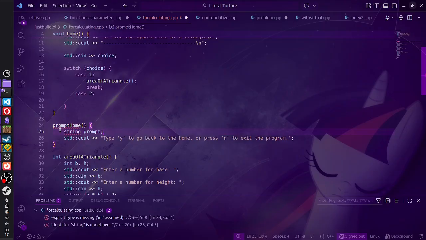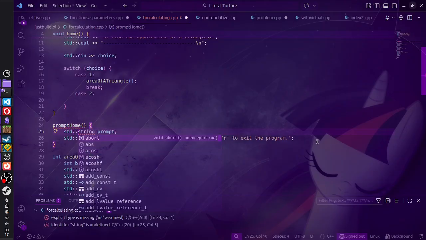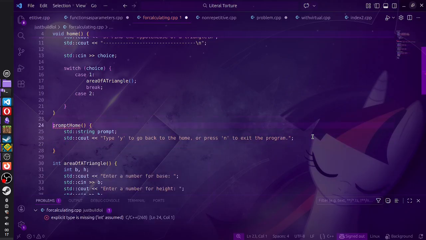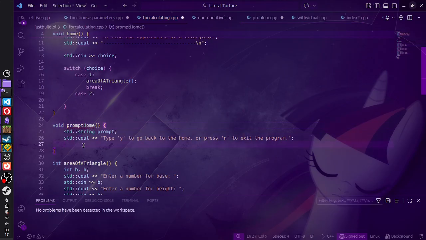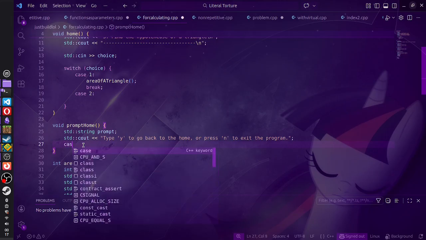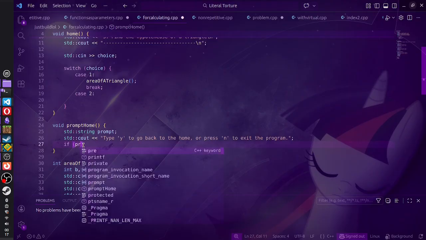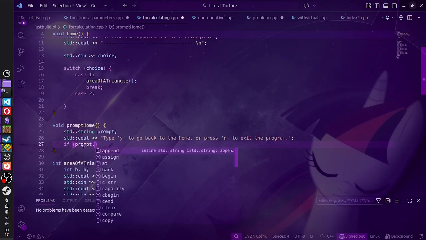A standard string prompt. And this is supposed to be a void. Can I do like 2 lower?